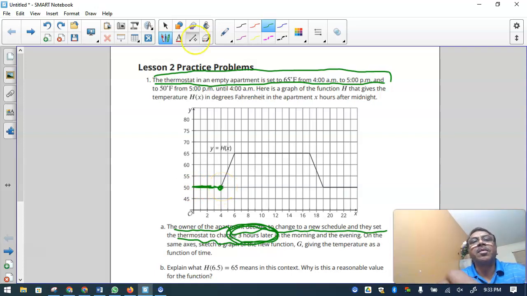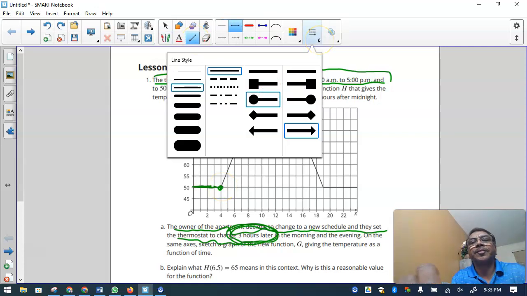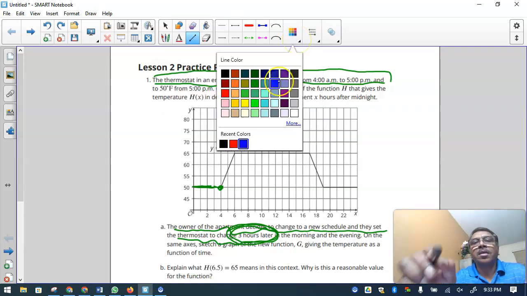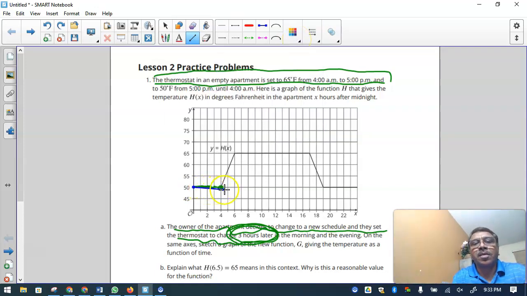So let me use this thing. And then let's see. This goes all the way until here, till 7, and then this point will go 3 spaces, from here to here.